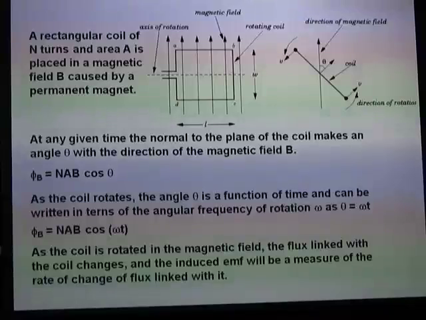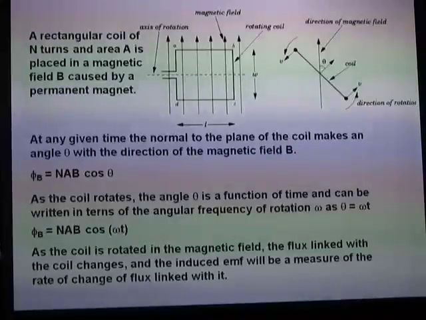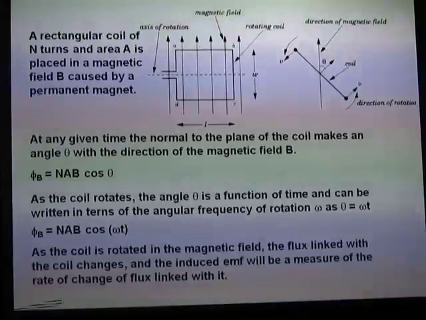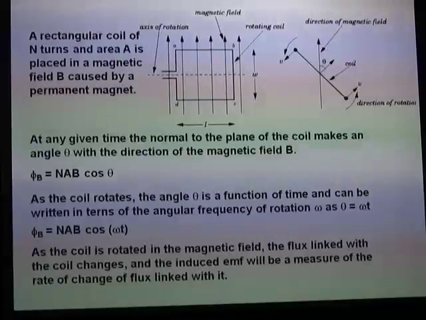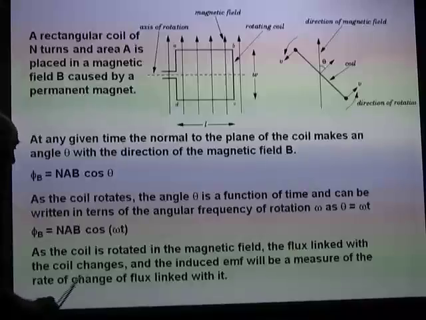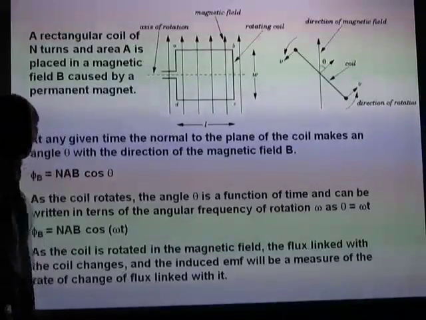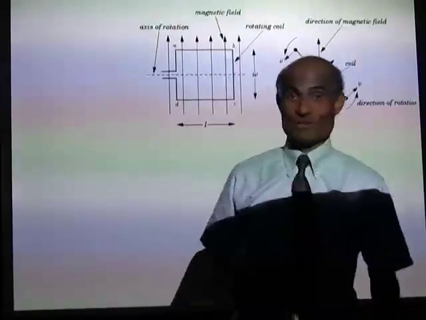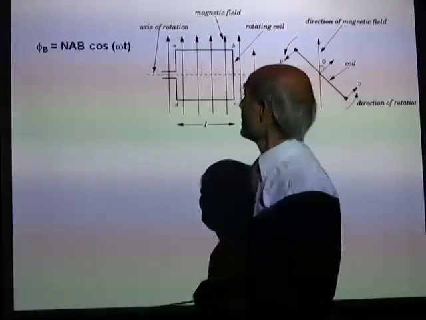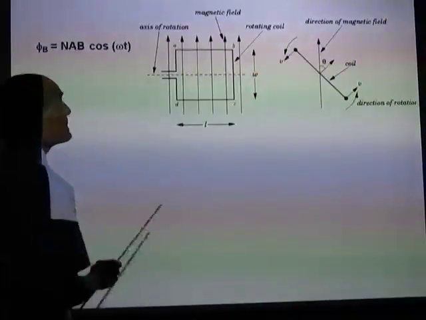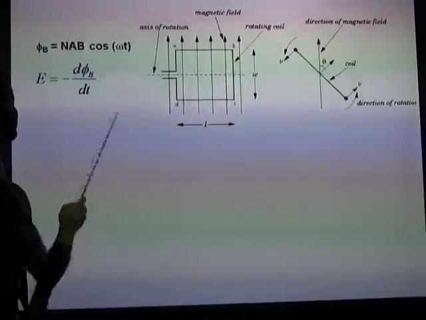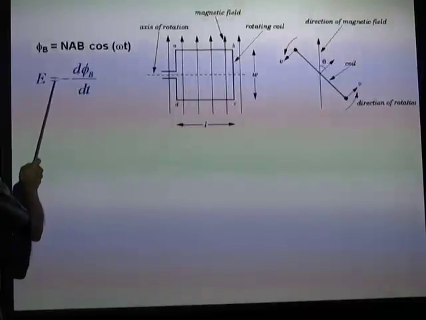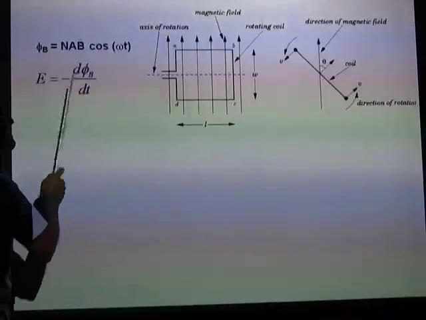As the coil is rotated in the magnetic field, the flux linked with the coil changes, and the induced EMF will be a measure of the rate of change of flux linked with it. And that is Faraday's law of electromagnetic induction. Well, you know that phi B equal to NAB cos omega t, and the induced EMF is negative of d phi B by dt.